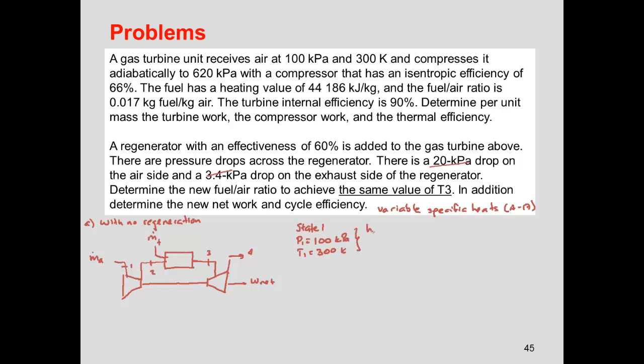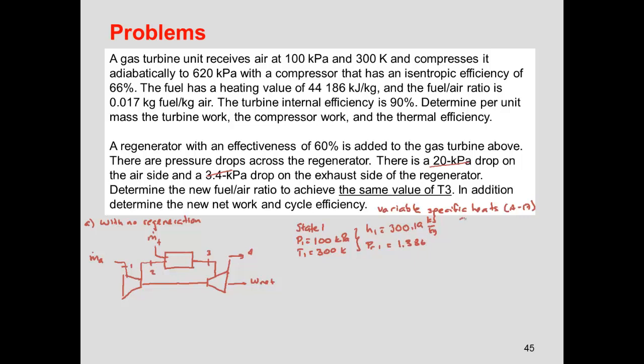This leads to a value of H1 equal to 319 and PR1 of 1.386.